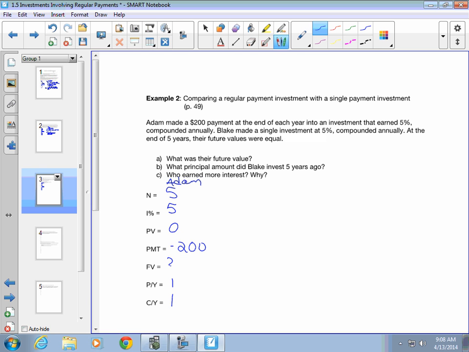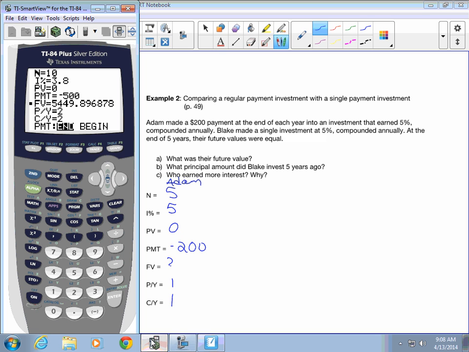So if you put that into your calculator, we have 5, 5. Present value is 0 because they're starting at nothing, but they're putting in 200. Come back to that. This is done yearly and yearly. So go back to future value, alpha, enter.